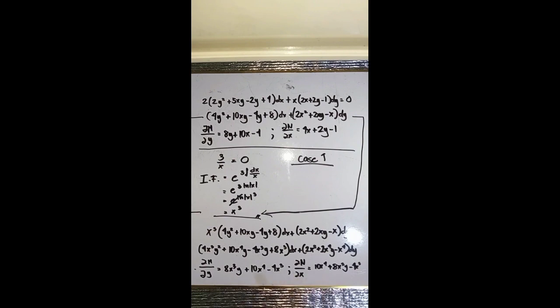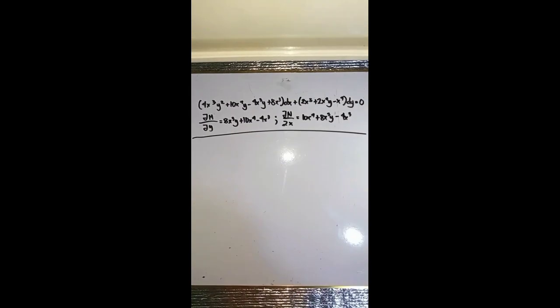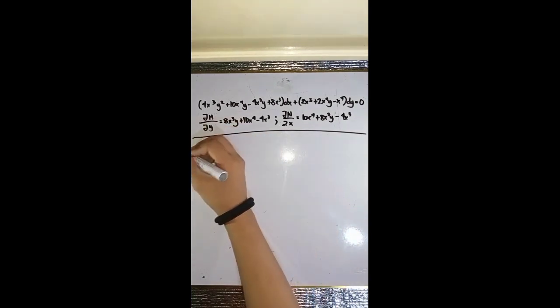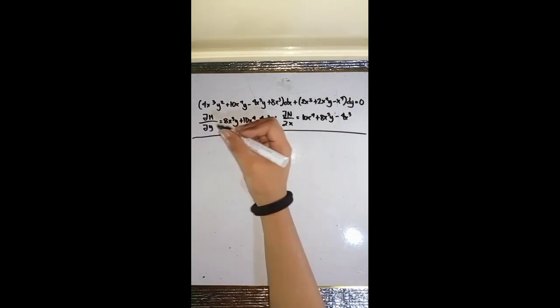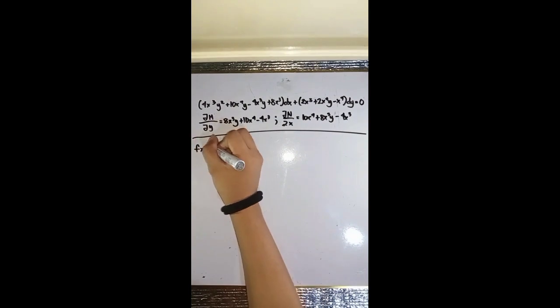Now, as we can observe, it is now an exact differential equation. Now that we found out that this is an exact differential equation, we can solve it as it is.